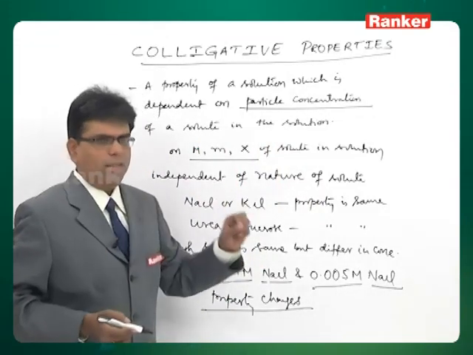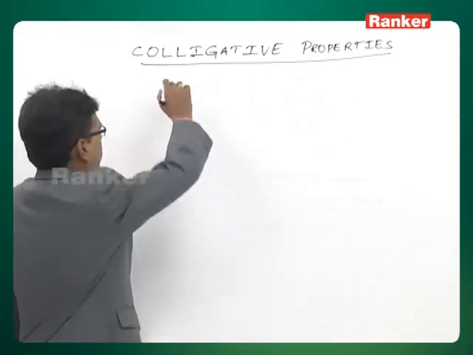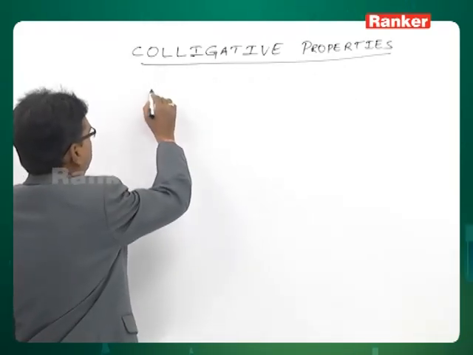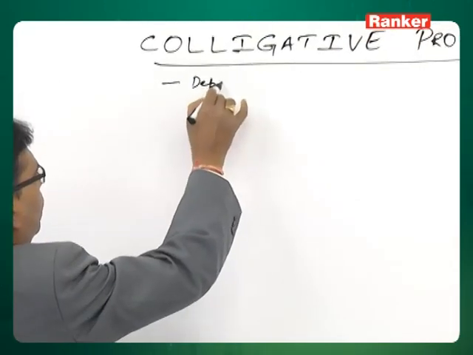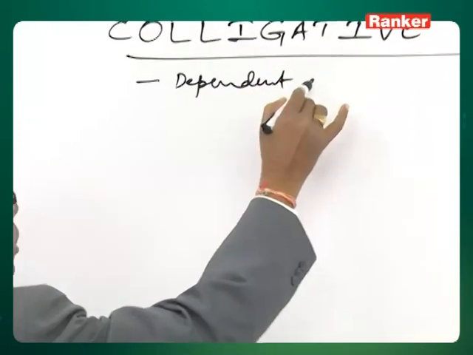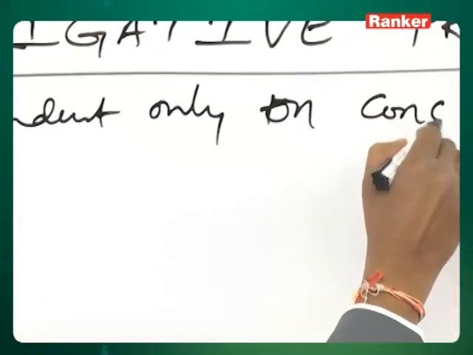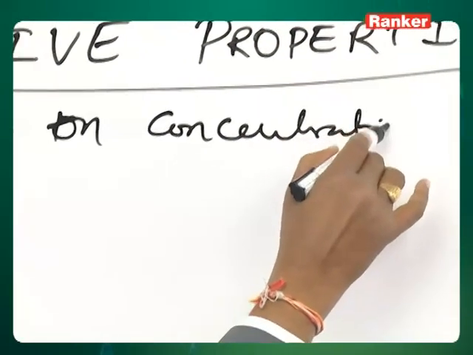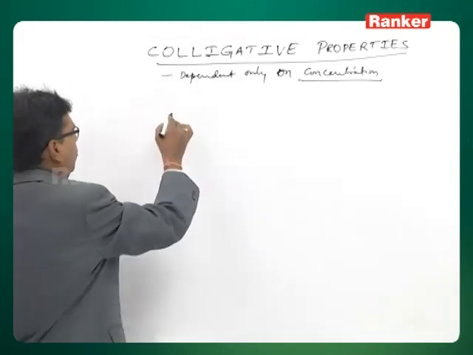Now, what are the different types of these colligative properties? These are the properties which are dependent only on concentration of solute. What are they?